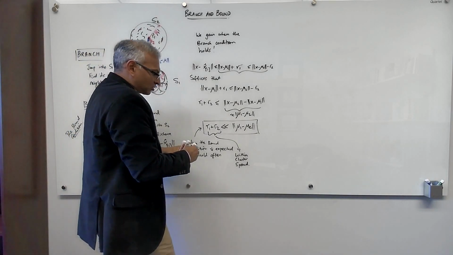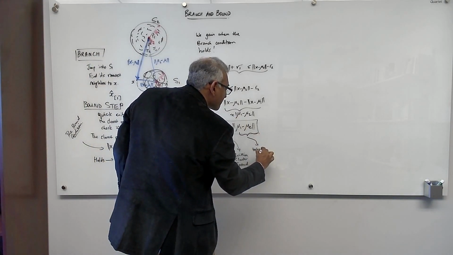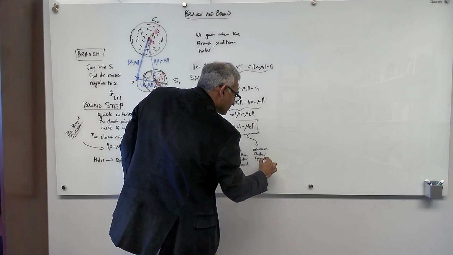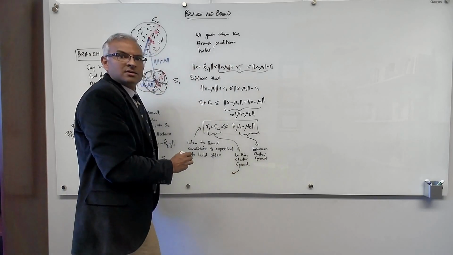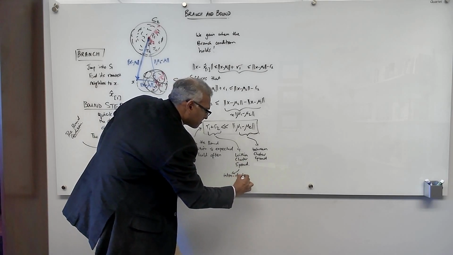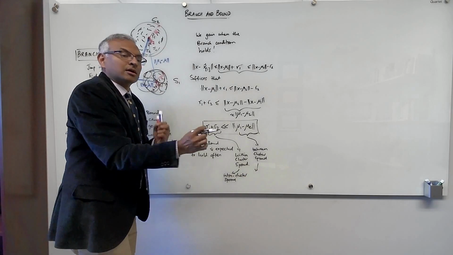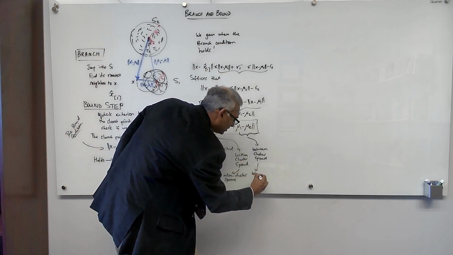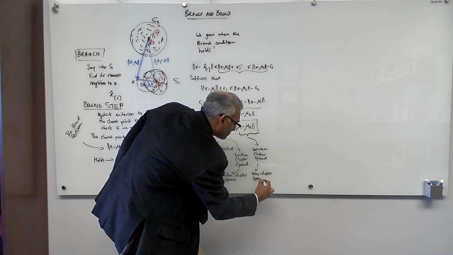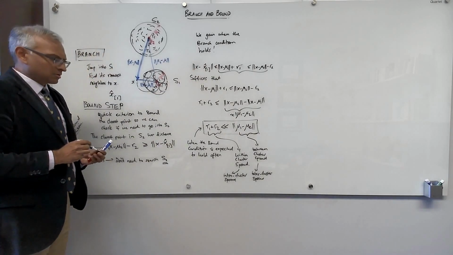This is sometimes called the between cluster spread. Sometimes we call the first the intra-cluster spread, and the second the inter-cluster spread. Intra meaning inside, inter meaning between, from one to the other.